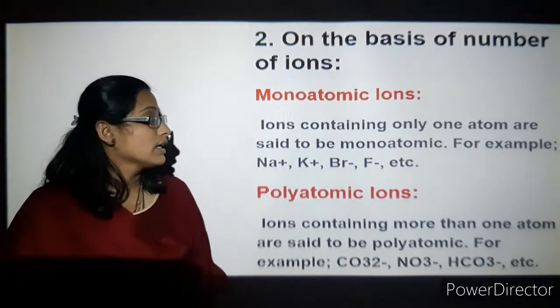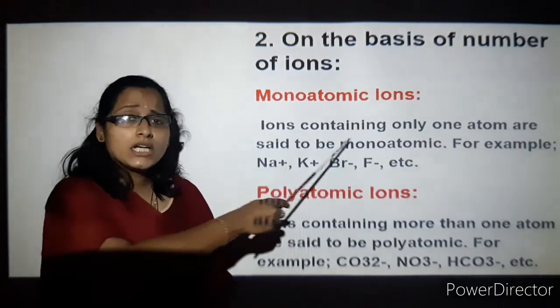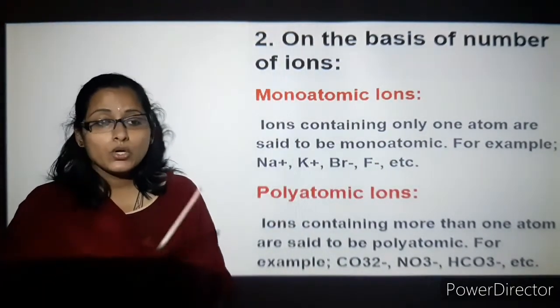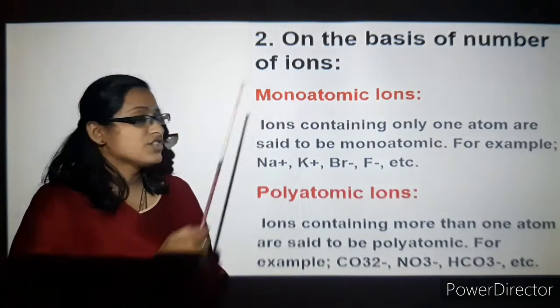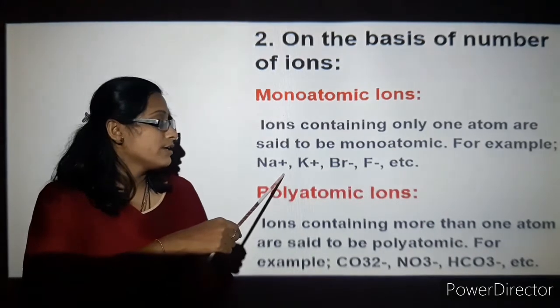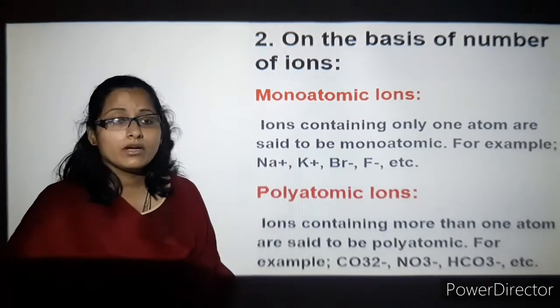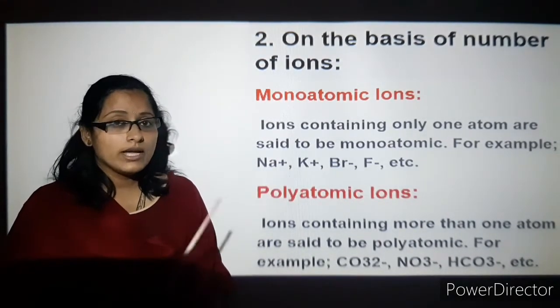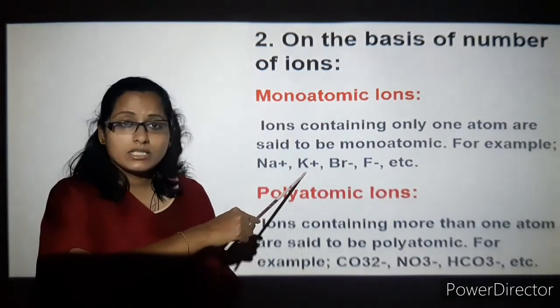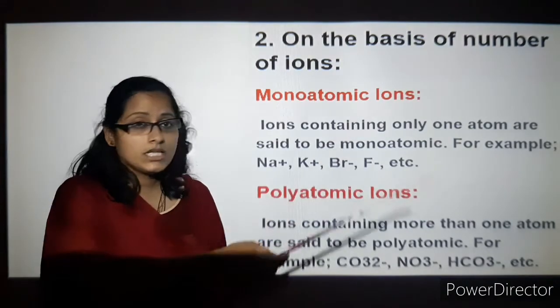Let's understand it again: ions containing only one atom are said to be monoatomic. As an example, sodium is a metal and has only one atom. Potassium is a single atom. Bromine is a single atom.